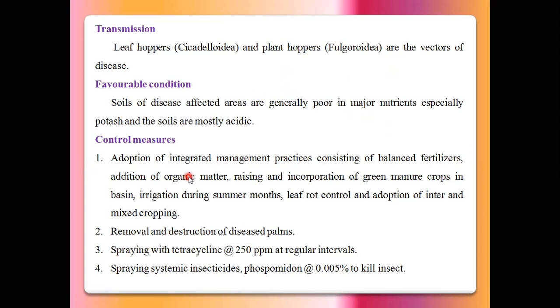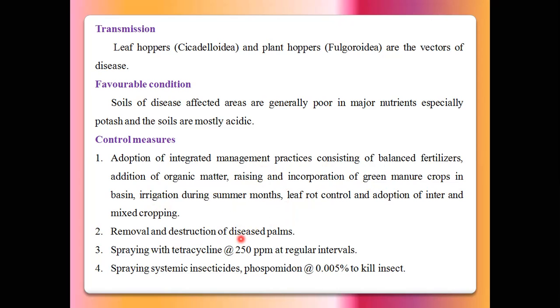Then control measures: adoption of integrated management practices, that is application of NPK in proper dose, then addition of organic matter, meaning FYM is generally applied to these coconut trees regularly, before the onset and after the monsoon. Then raising and incorporation of green manure crops in the basin, or irrigation during the summer months. In this way you can manage this root wilt infection by adopting integrated disease management practices.